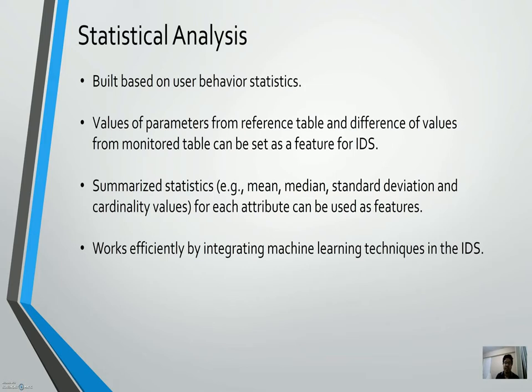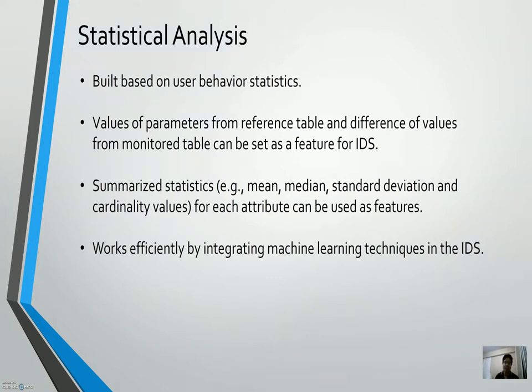Another approach for the database intrusion detection system is statistical analysis. This intrusion detection system is built on user behavior statistics. Here, a reference table is created and defined values are computed from the monitor table.